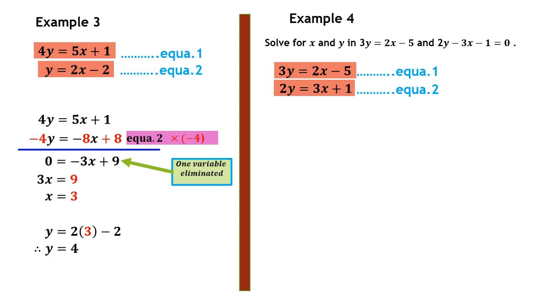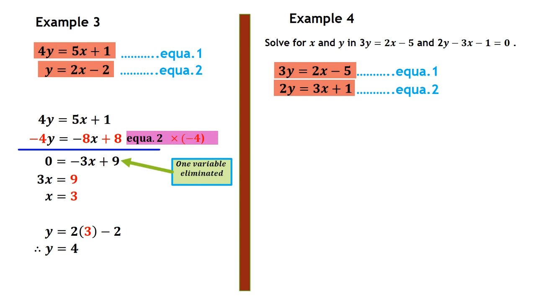So in order to eliminate that variable, I need to make sure that the two terms have the same coefficient. And this is where the lowest common multiple of the two values that are there already would help us. So there's 3 and there's 2, and therefore 6 is what we're targeting. We want to make sure that one has positive 6y and the other has negative 6y.